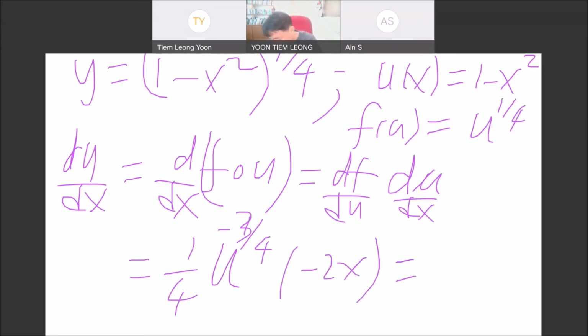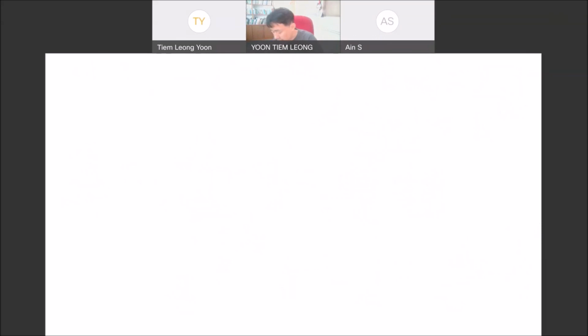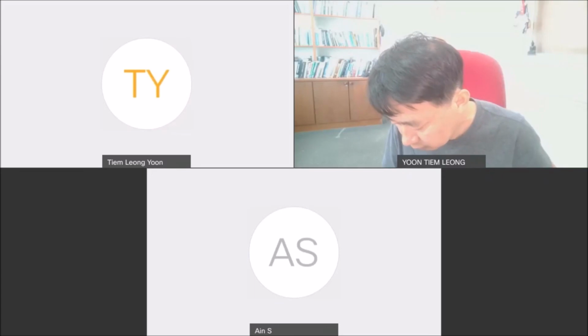You can simplify this to be minus x over 2, and the whole thing raised to the power of minus 3 over 4, where the expression inside is 1 minus x squared. So this is how to apply the chain rule to the equation. But at the same time, you can also do a better job by using the formula that I mentioned earlier on. The formula I mentioned earlier is actually this expression.